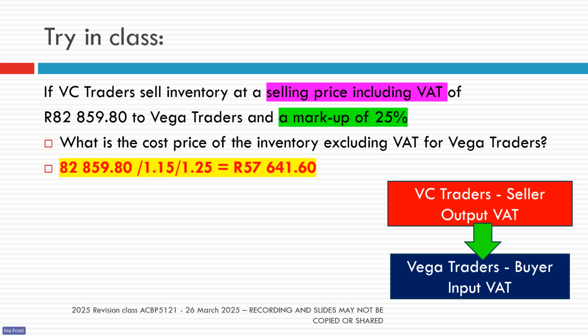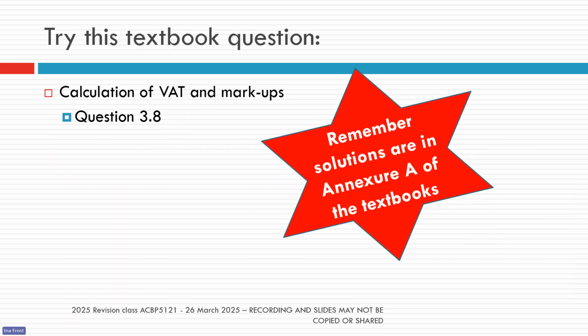You've got to break it up because you have to do two things: remove the markup and remove the VAT. So you need to break it into those two steps for us. That was a last difficult question, just to show you how we can combine all these calculations into one.